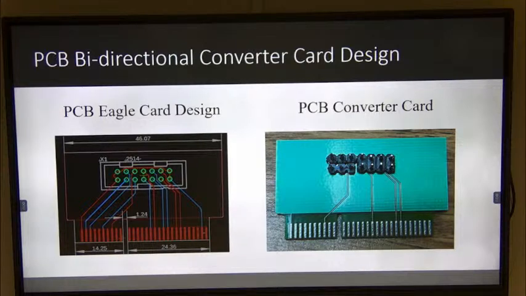The left image is the design that we developed as a team, and the right is the image of the card after the manufacturing process. With this card, we have the information that we need, like PWM, pulse, BCM, DC, and BDC sense, and we also use that for the C2000 microcontroller information.